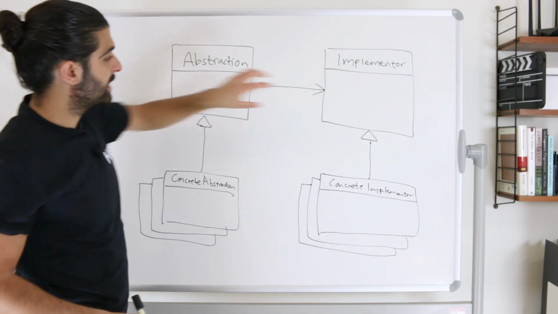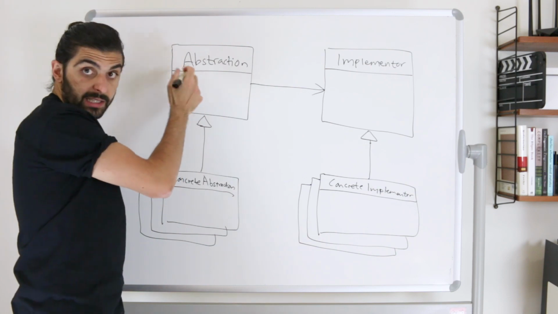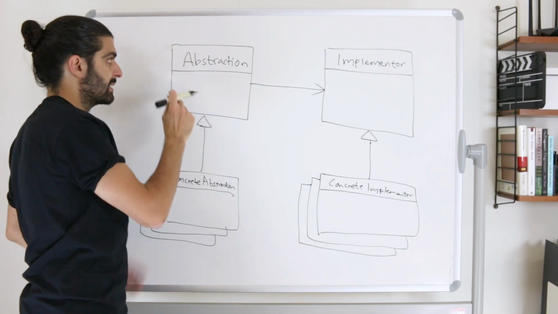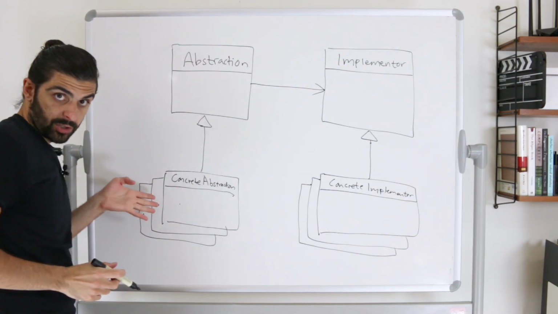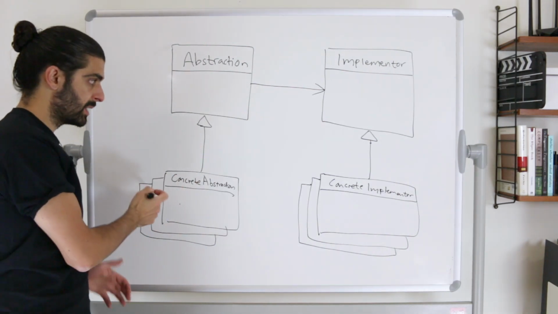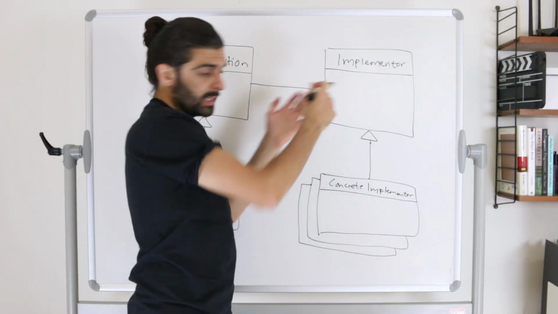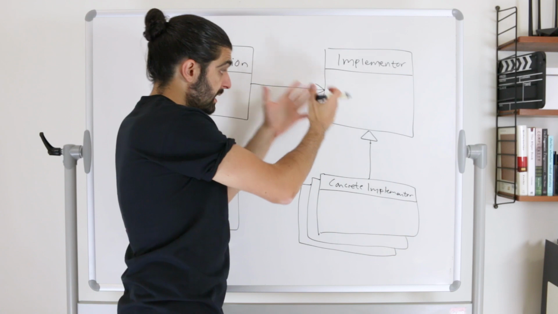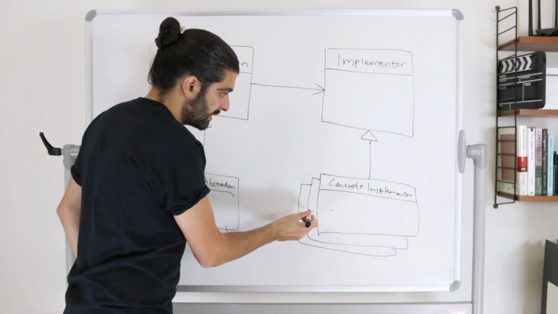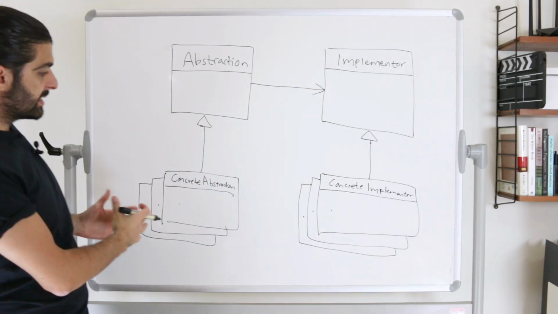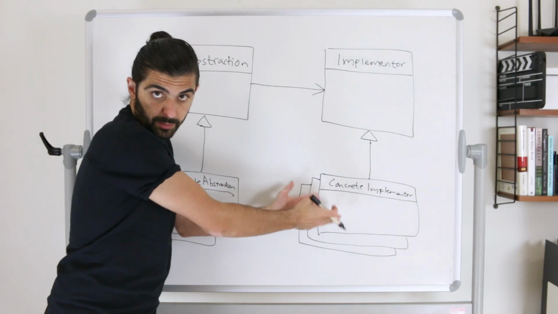This abstraction makes use of an implementation, and for this to work, if this is an abstract class or an interface, probably an abstract class, then this abstraction needs to be any one of these concrete abstractions, and any one of these concrete abstractions, in order for this arrow to work, needs to have an implementor. But seeing that the implementor is an interface, it needs to have one of the concrete implementors. So this is a pairing of a concrete abstraction with a concrete implementation.